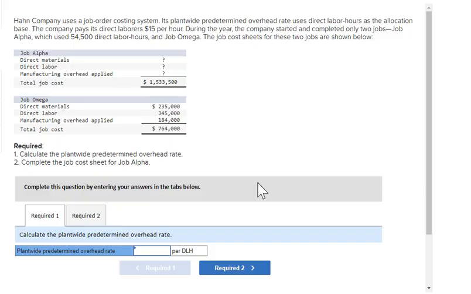So in this case, the company pays direct labor $15 per hour. During the year, the company started and completed only 2 jobs. Job Alpha, which used 54,500 direct labor hours, and job Omega. The job cost sheets for these 2 jobs are as follows. So it kind of gave us numbers and asked us to go backwards to find out what the number is here.